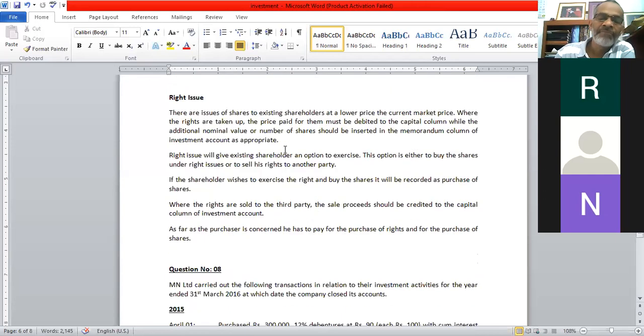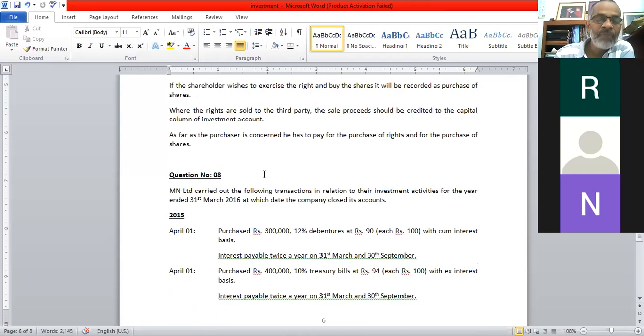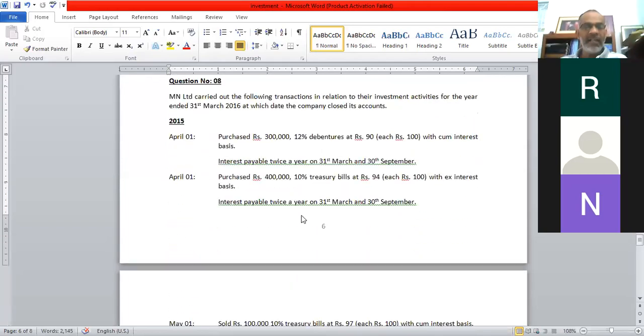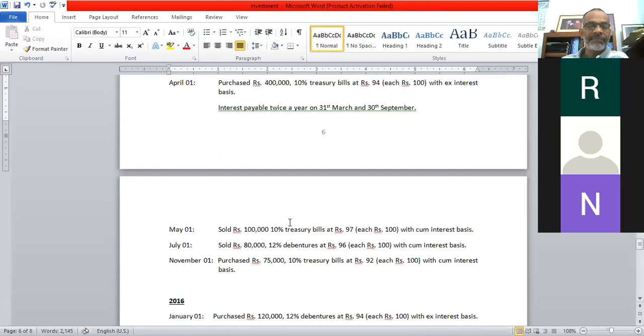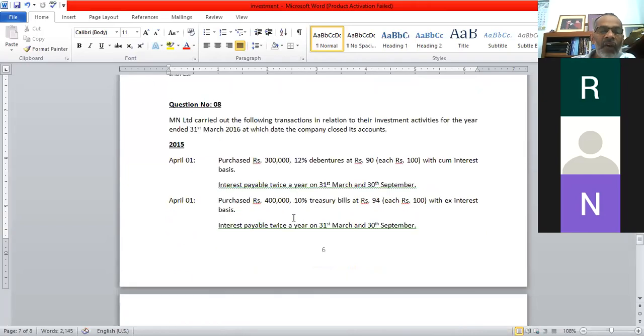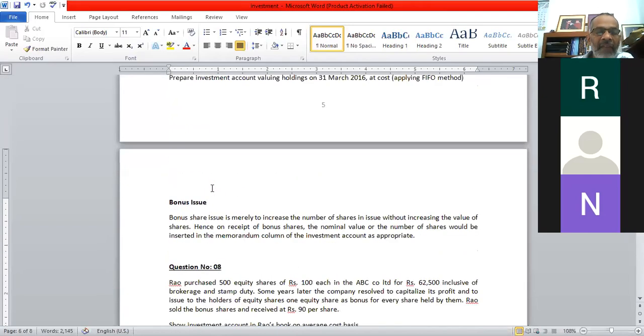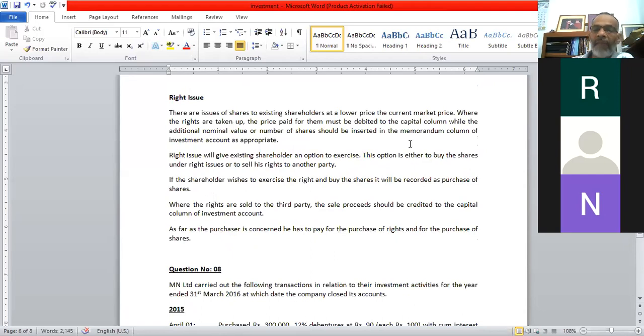Next one, right issue. This is the issue of shares to existing shareholders at a lower price. A right issue is a low price issue given by the company to existing shareholders with priority.